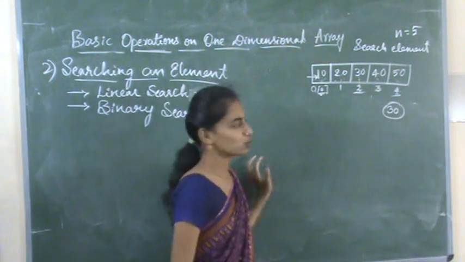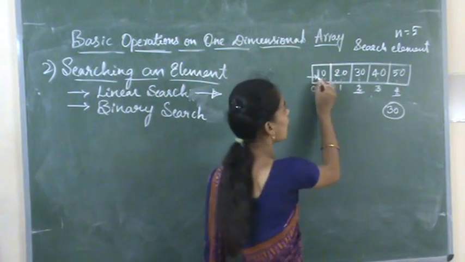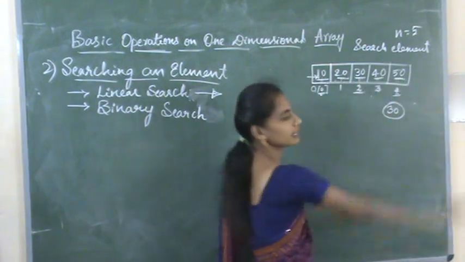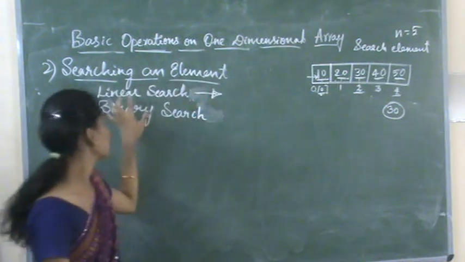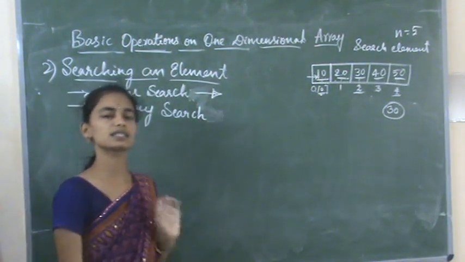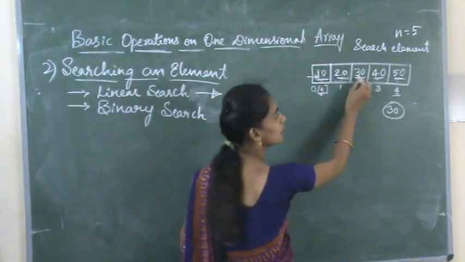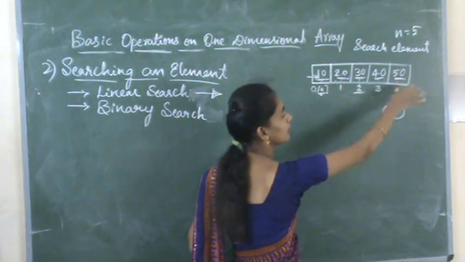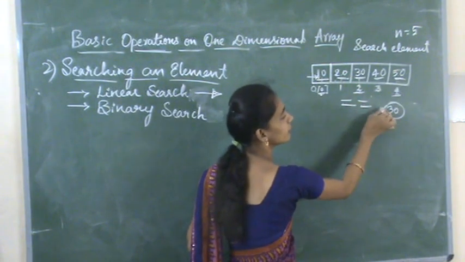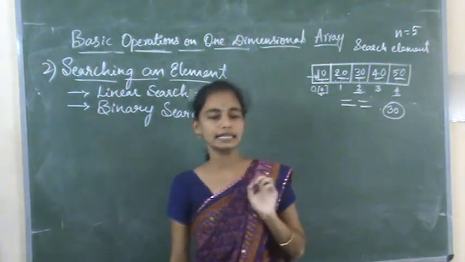So this 30 is compared with all the elements present in an array. That we call linear search. So linear search is the simplest method in which each element in an array is compared with the search element.